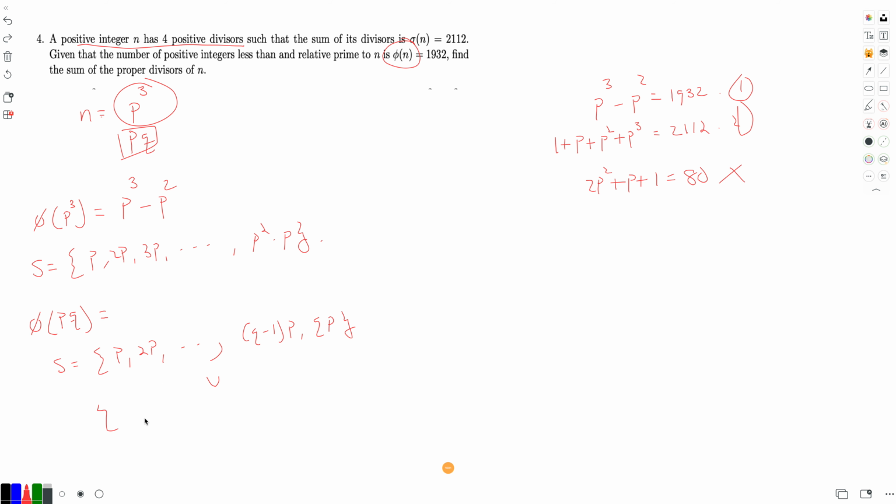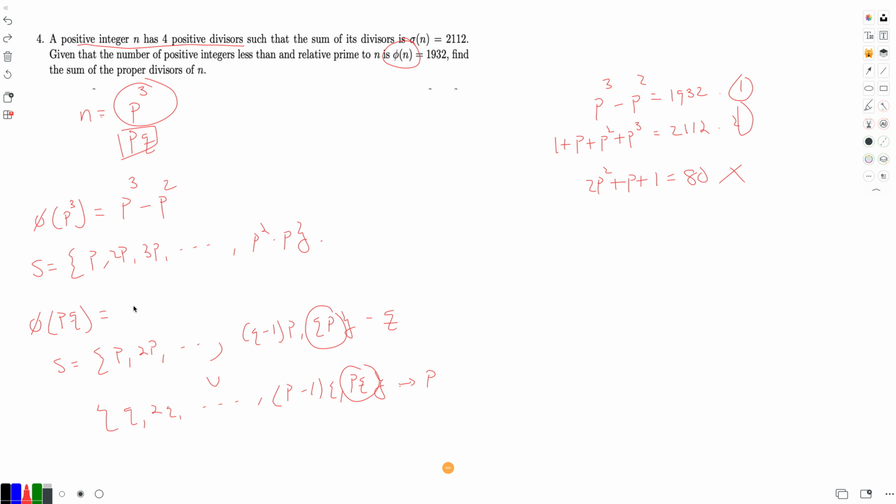We do the exact same thing for q: q, 2q, and go until p minus 1 times q, and then pq. So we know that there are q elements here, and p elements here, but we have overcounted pq twice, so we have to subtract 1.